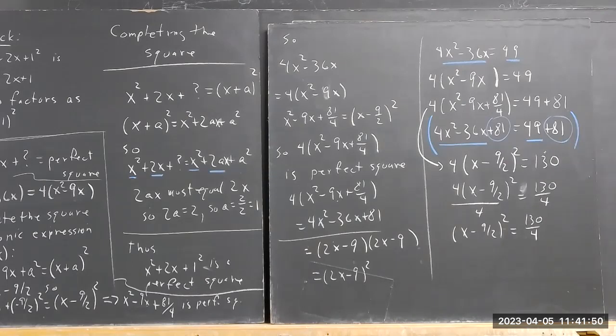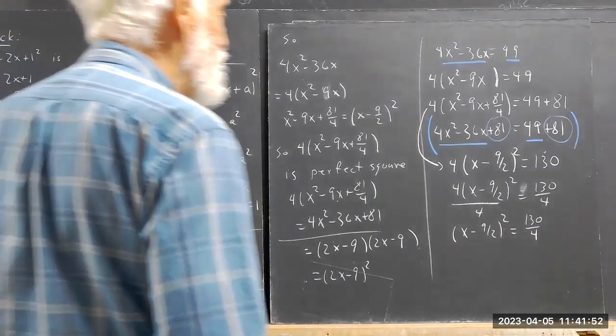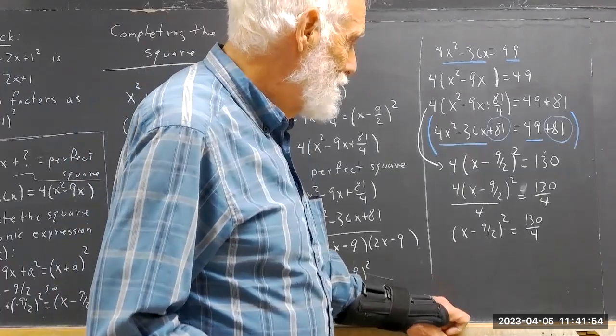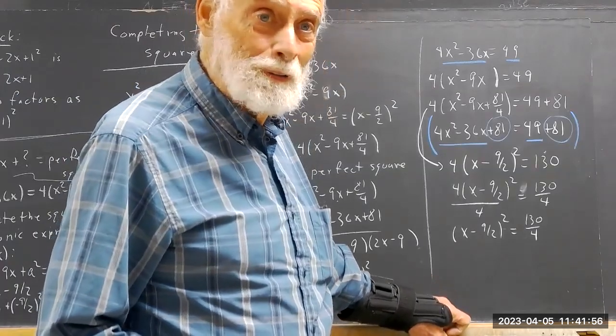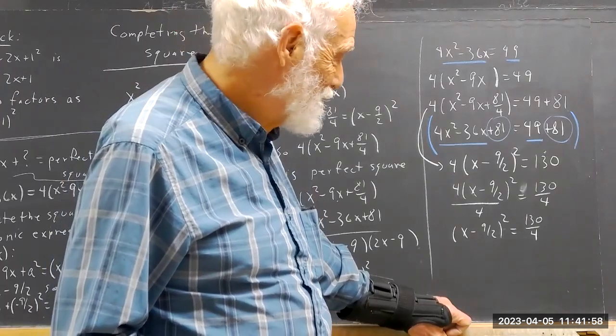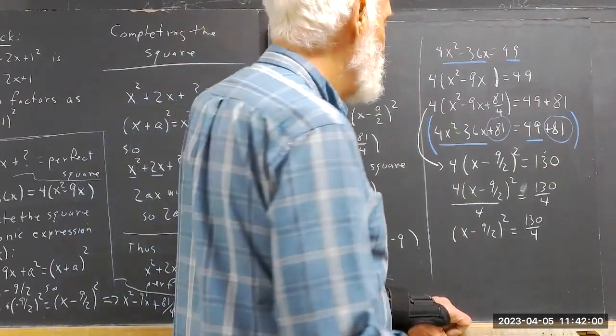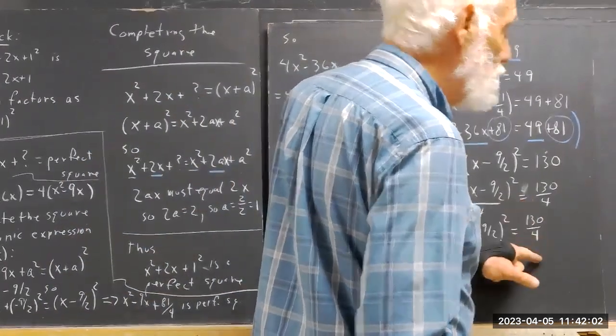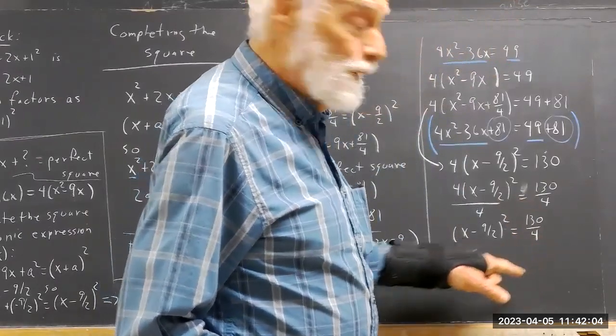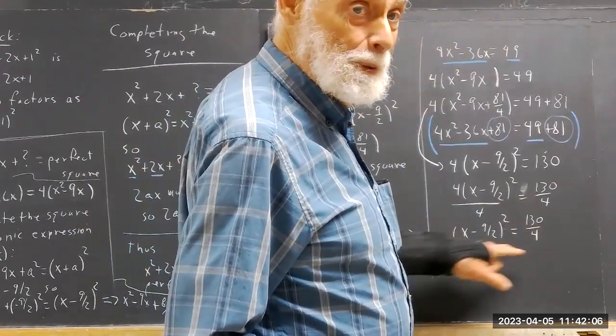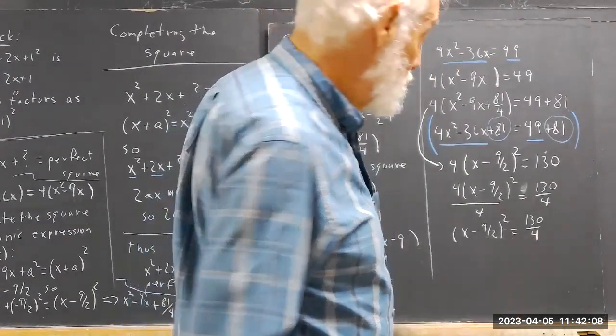Okay, it's clear, very good. If something squared is 130/4, then the something that's being squared has to be the square root of 130/4.